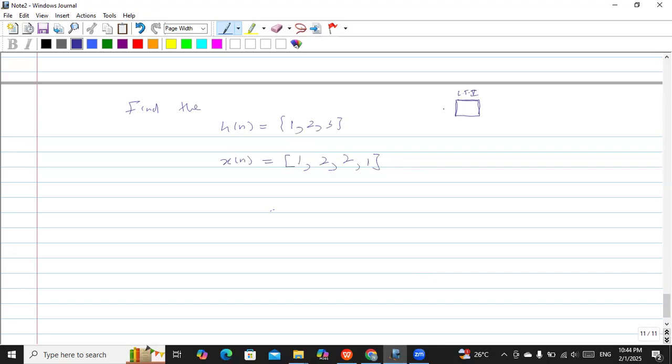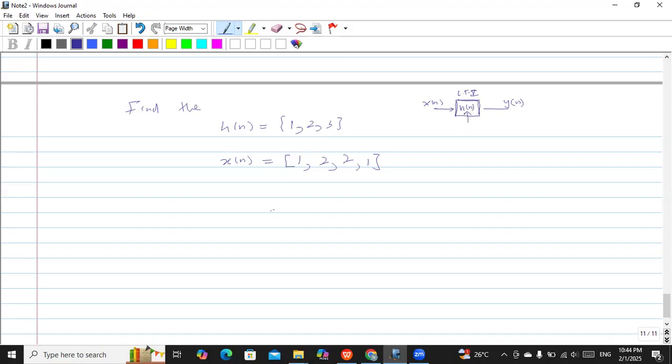If you apply xn, you will have the response related to this xn, that is yn. So the response of xn is yn, and the response of the impulse is hn, that is normally referred to as the impulse response.